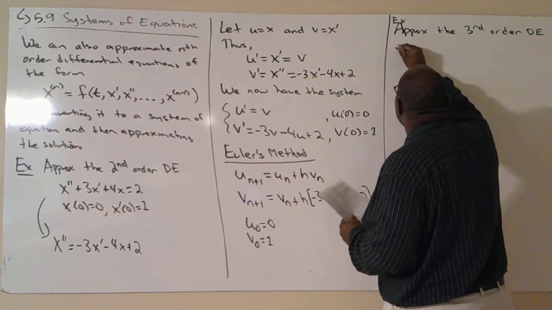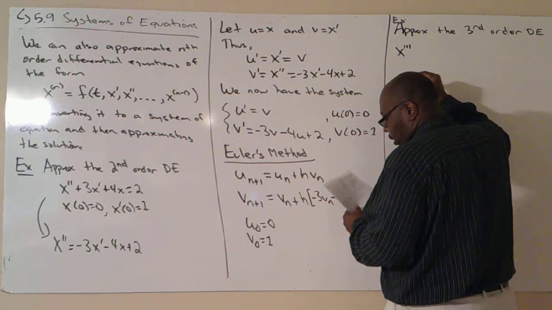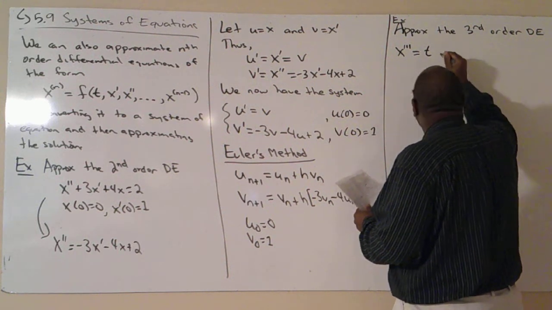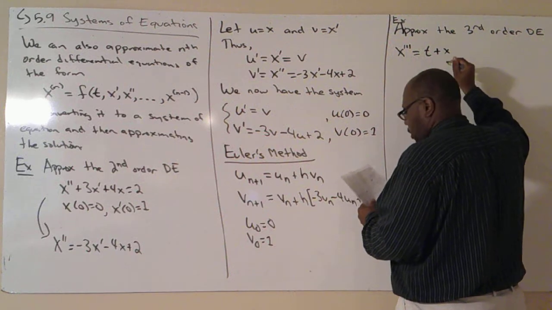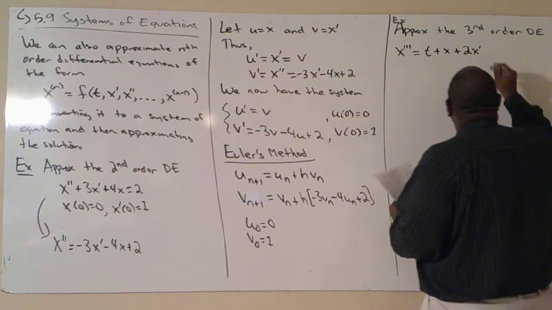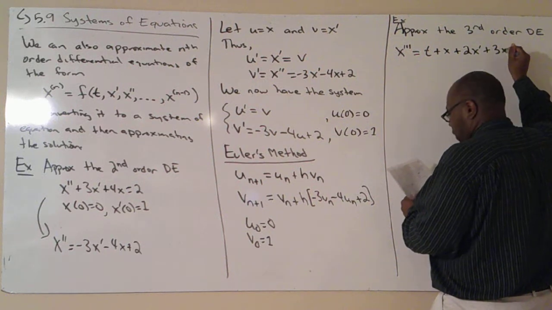Here I have x triple prime is equal to t plus x plus 2x prime plus 3x double prime.